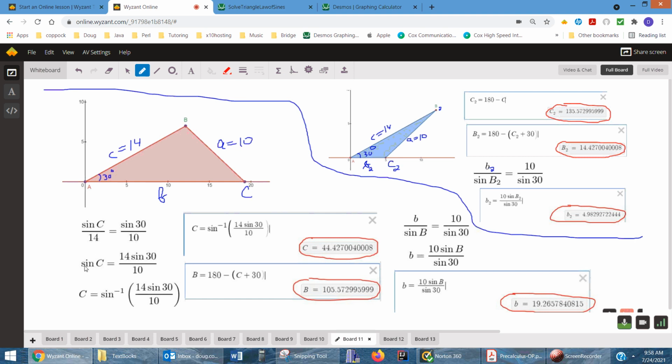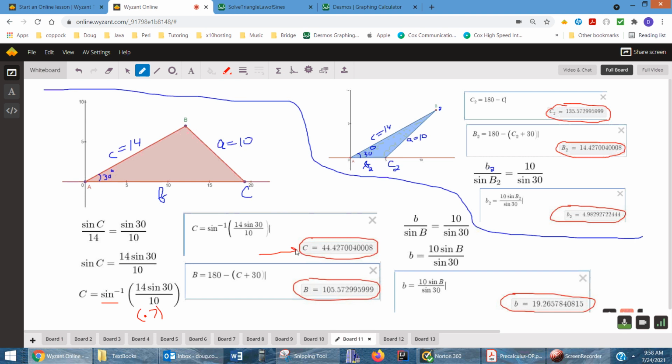So if we solve for the sine of C by multiplying both sides by 14, we get this. So C is the inverse sine of whatever this number is right here. And it turns out sine of 30 is a half, half of 14 is 7, 7 divided by 10 is 0.7. So we're looking for an angle that has a sine of 0.7, and there it is right there.